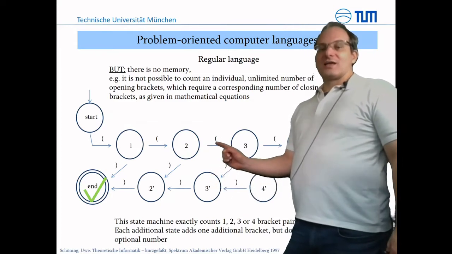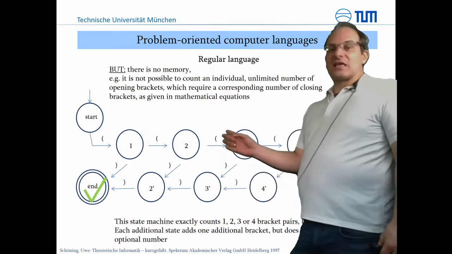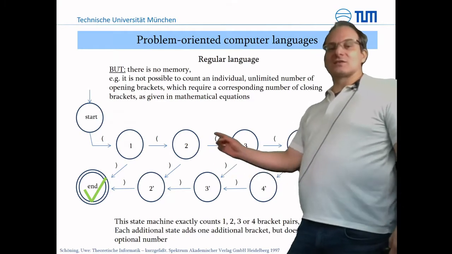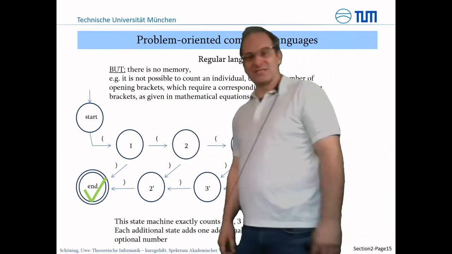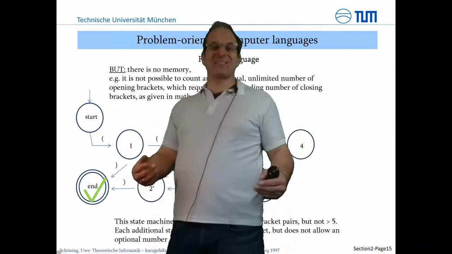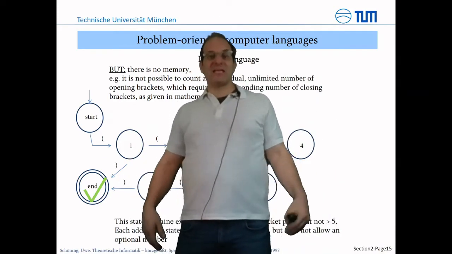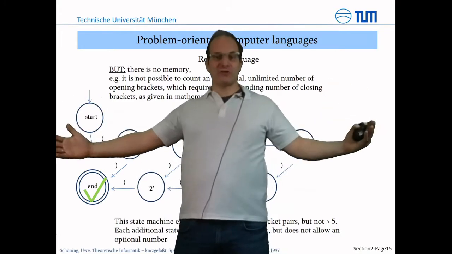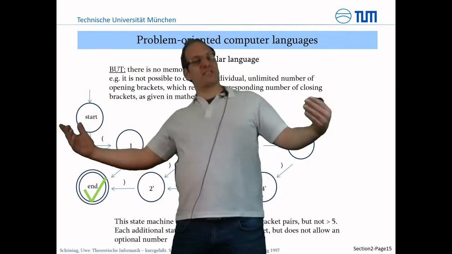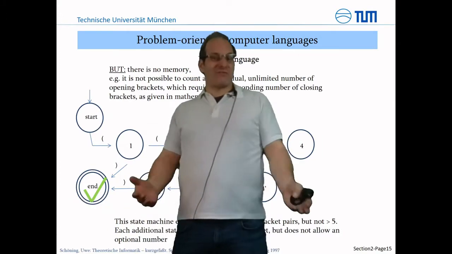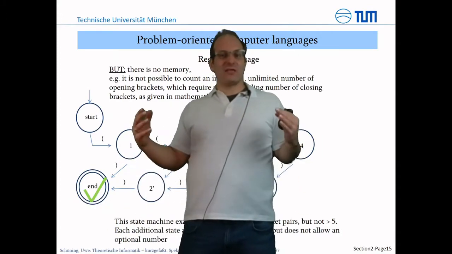So in this case, if you have more than these 1, 2, 3, 4 openings, then you have to extend your graph. Each time you want a larger number of parentheses, you have to extend this. And therefore, the language is not enough.